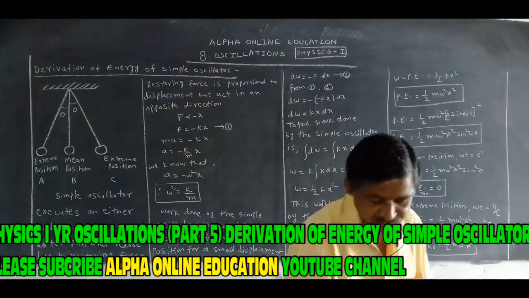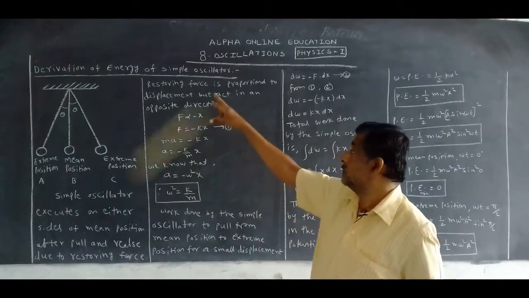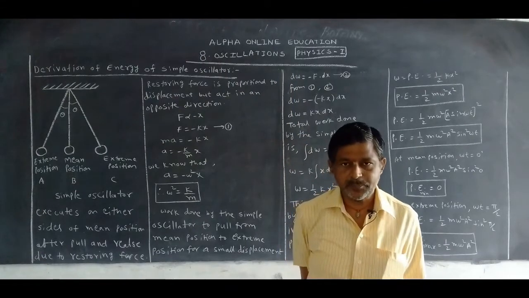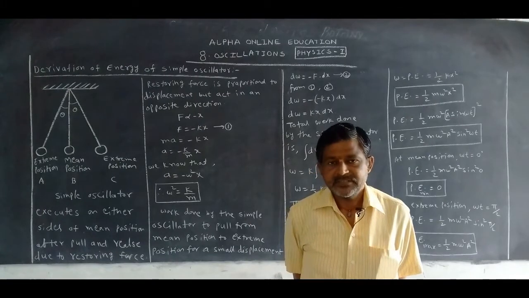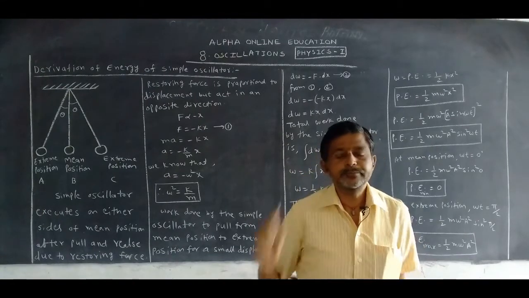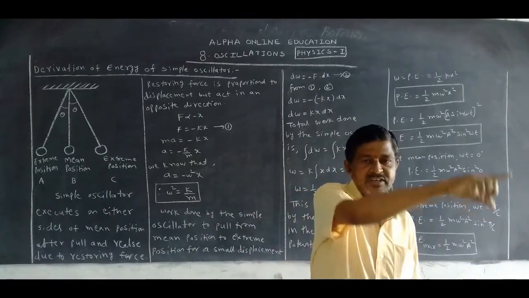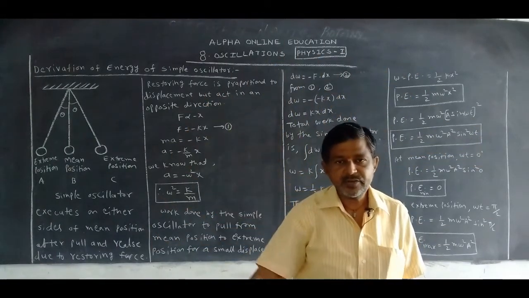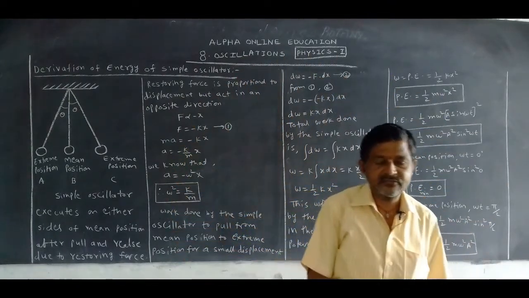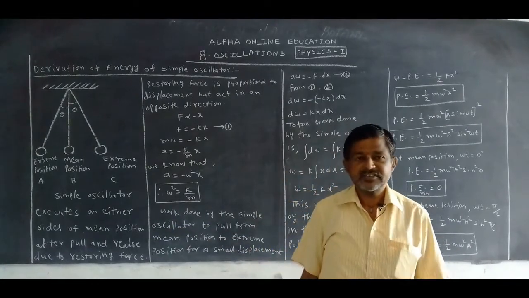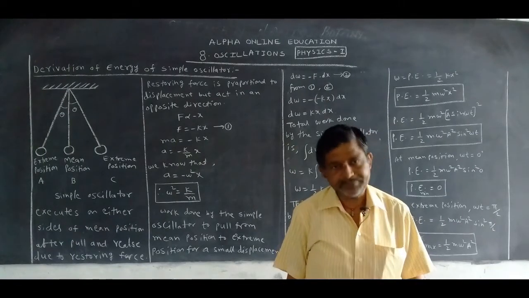Again, important for 8 marks question. In this chapter, the oscillations chapter, we have 3 eight-mark questions. In the last classes we studied two. One: a particle moving in uniform circular motion along the circumference of a circle is proved to be in simple harmonic motion.